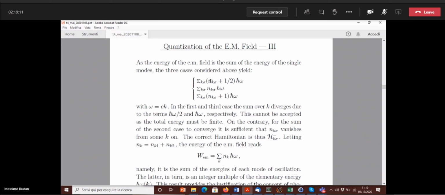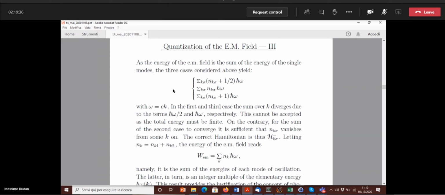Also in the other expressions, this number n can be 0, but in the other expressions we have the constant 1/2 times h bar omega and the constant 1 times h bar omega. They do not go to 0, okay? So we can conclude that the intermediate expression is the only one that is acceptable.